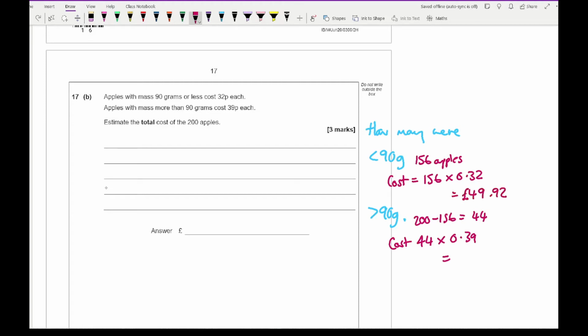And then 44 times 0.39 gives me an answer of £17.16. And then all I need to do is add those numbers up. 49.92 plus 17.16, and if I do that now, I get an estimated amount of £67.08.